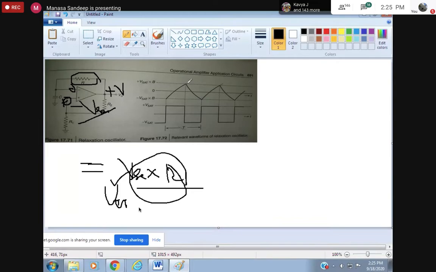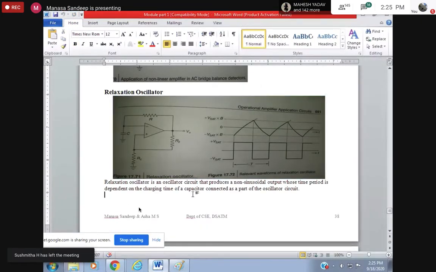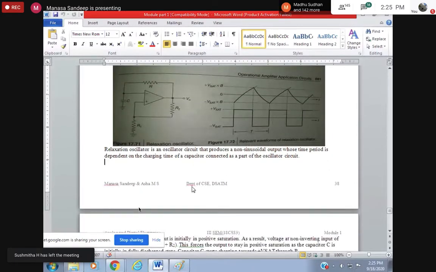The capacitor starts discharging, until its value falls below this minus V saturation into R1 by R1 plus R2. Then the capacitor starts charging again and the output moves from minus V saturation to plus V saturation. This keeps on happening. The circuit keeps on doing it internally until you switch off the circuit externally.